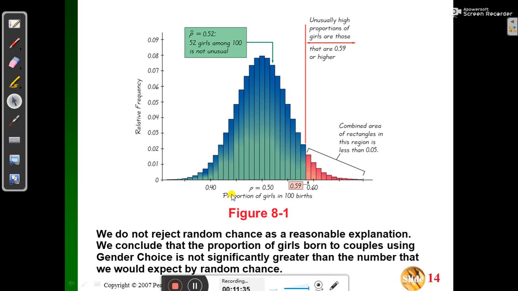Proportion of girls in 100 births, that is the distribution: 0.4, 0.5, 0.6. We do not reject random chance as a reasonable explanation. We conclude that the proportion of girls born to couples using gender choice is not significantly greater than the number that we would expect by random chance. Because if we are going for random chance, the distribution might be anywhere in this binomial distribution curve, because it's a relative frequency.